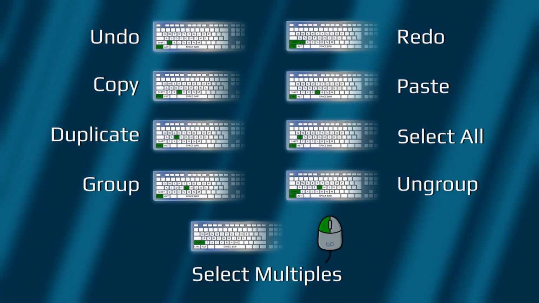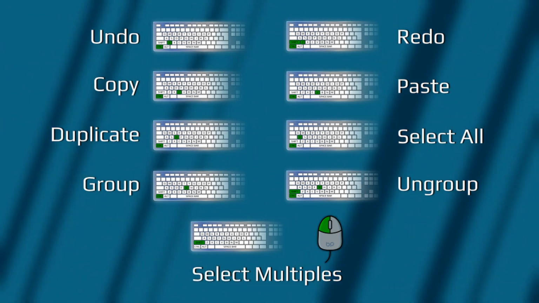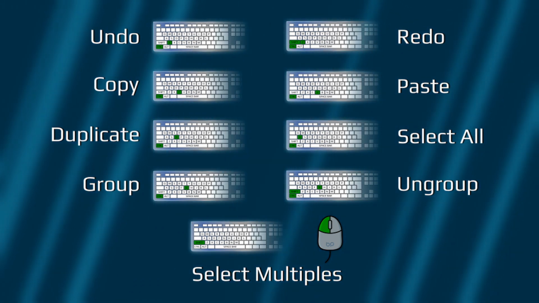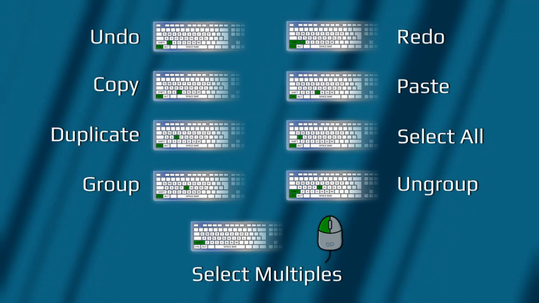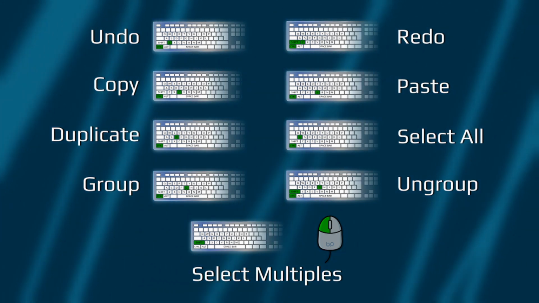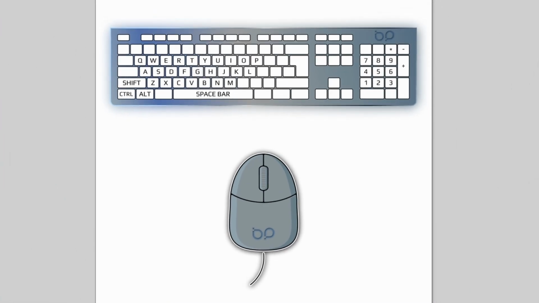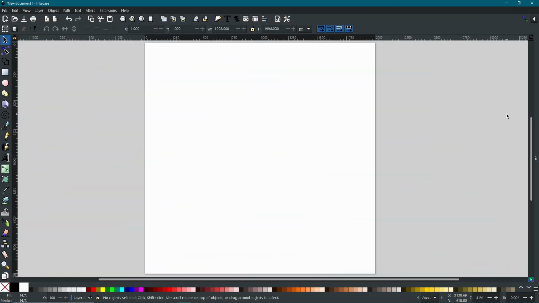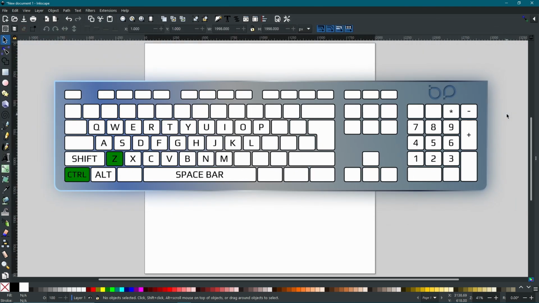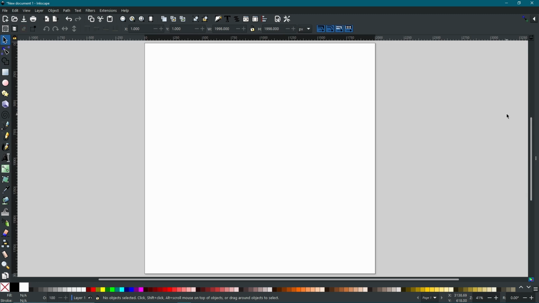Now, what better way to start when it comes to keyboard shortcuts than showing you the basics? The universal shortcuts. Well, most of them are universal anyway, and Inkscape will be no different. First off, the most common of them all, the undo function. Now, you might be aware that this is a keyboard shortcut that works in pretty much every app that you're likely to use.